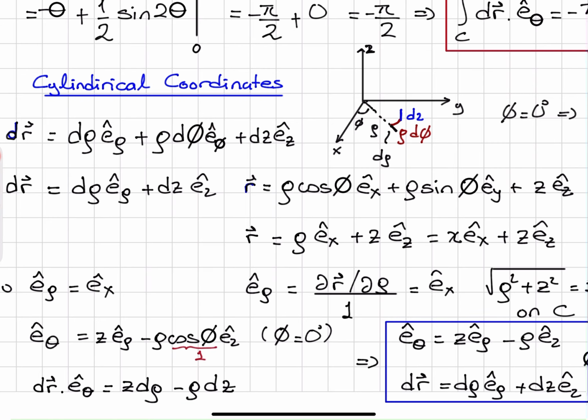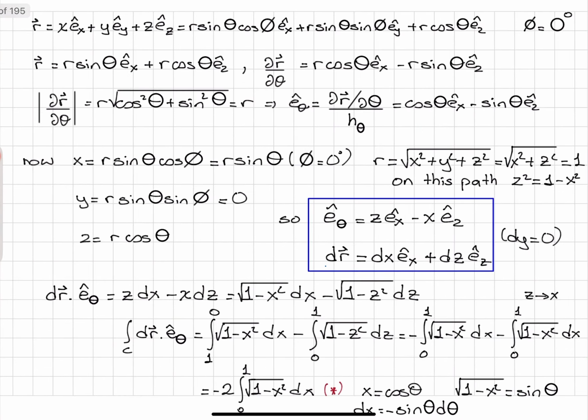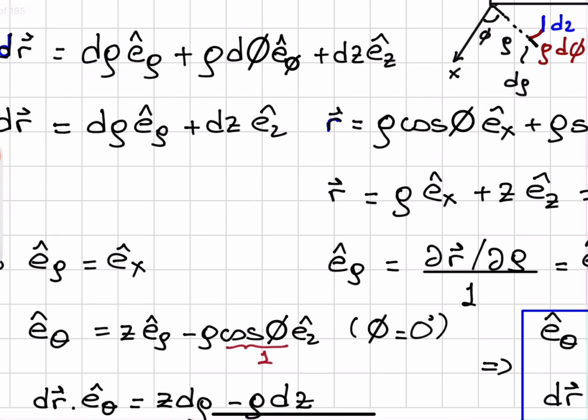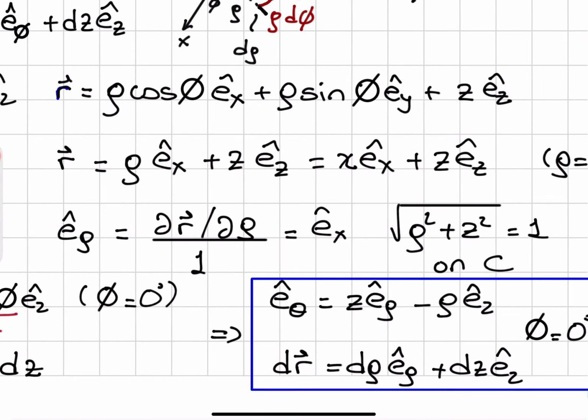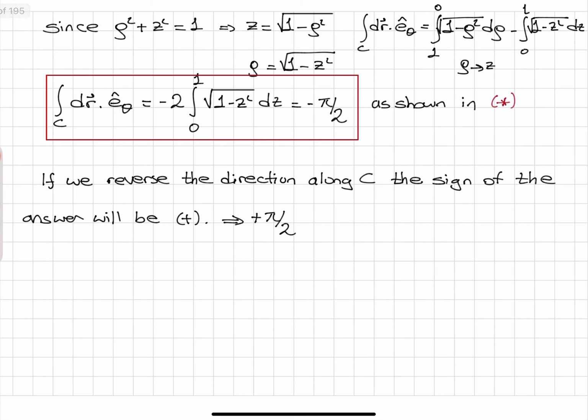And e theta hat, which I have shown to be equal to z ex hat minus x ez hat, is z e ρ hat minus x, which is minus ρ, ez hat. So I have obtained e theta hat and I have obtained dr. So I take the dot product. These are orthonormal unit vectors, basis vectors. So the dot product is z dρ minus ρ dz.